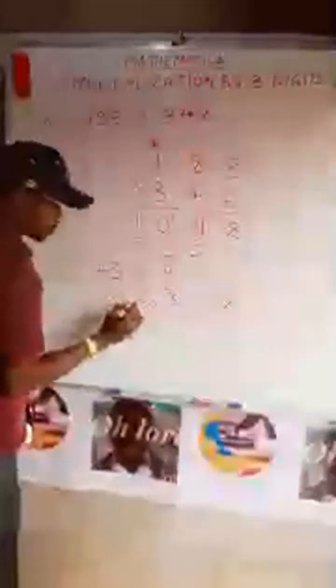We now carry 1. 5 plus 1 that you carry gives us 6. 1, 2, 3. That is 63,380. You get that?